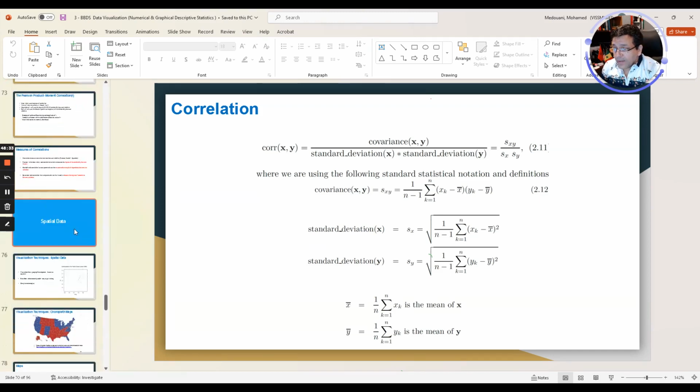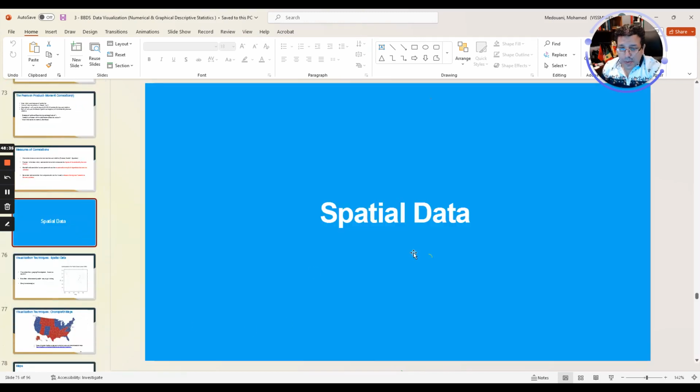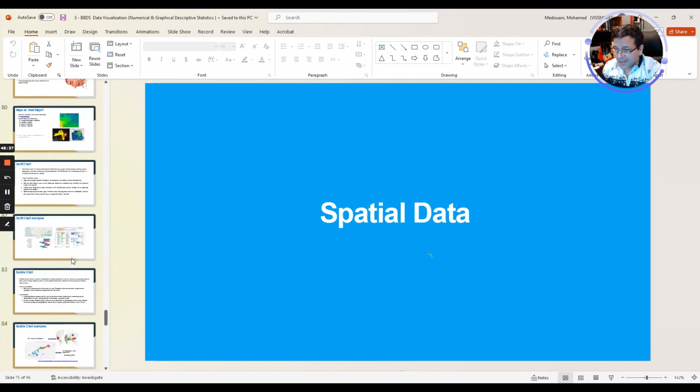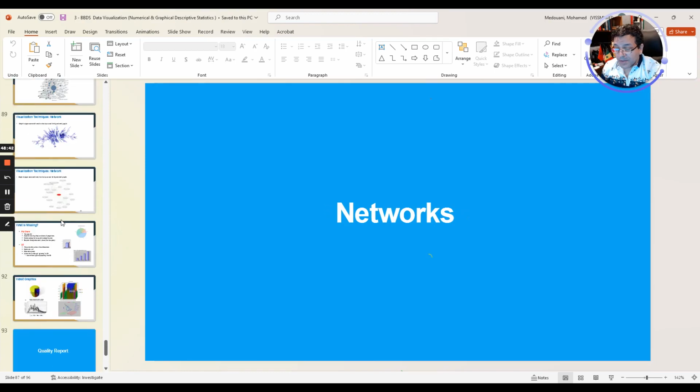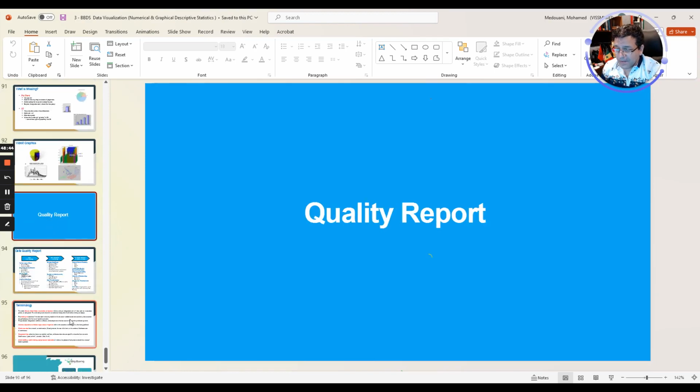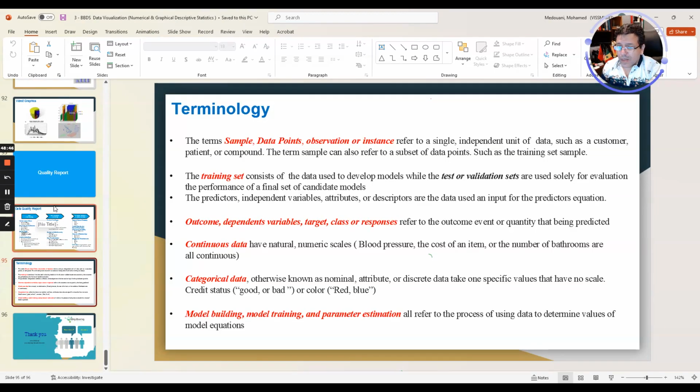Okay, and of course you are going to deal with spatial data, and you could deal with network data, network graphs, and finally you got some quality book.